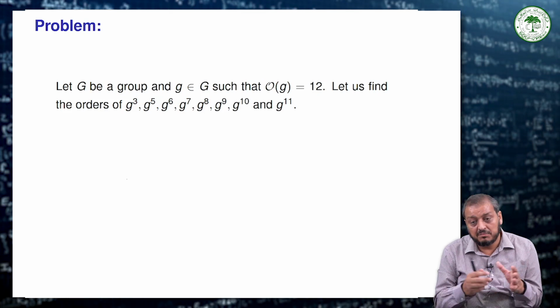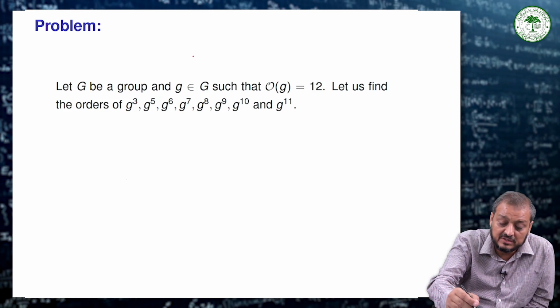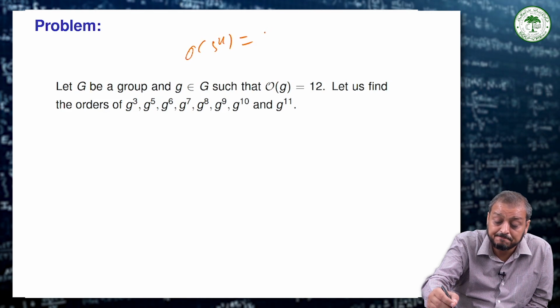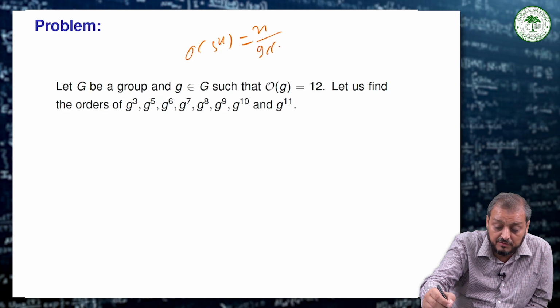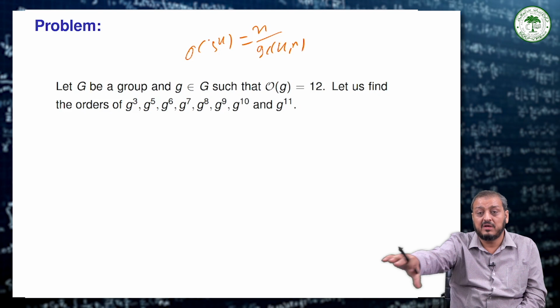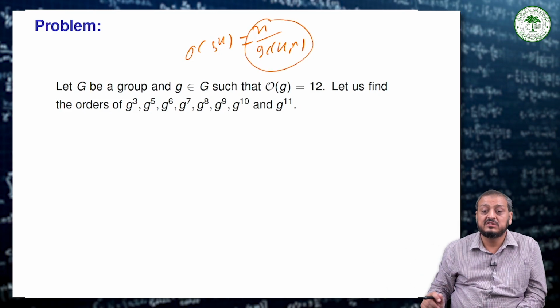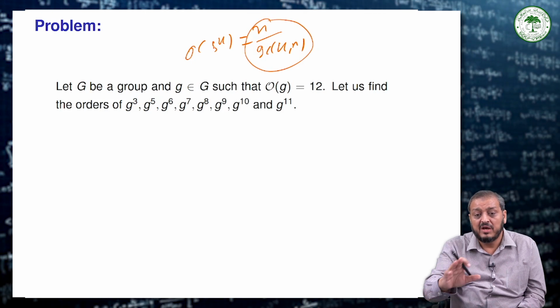Now we can use one of the results. The order of G to the power k is equal to n divided by the GCD of k and n.